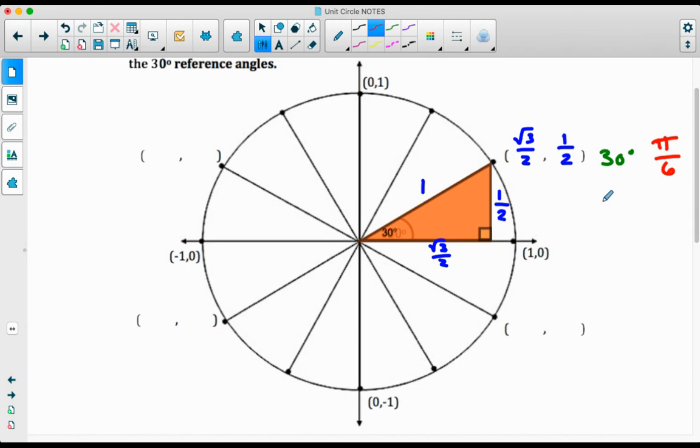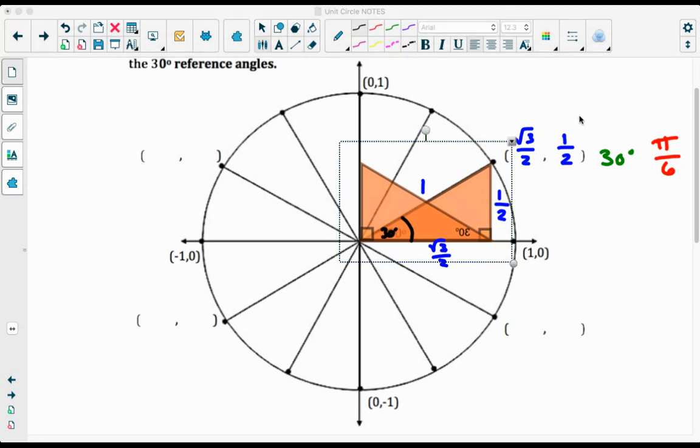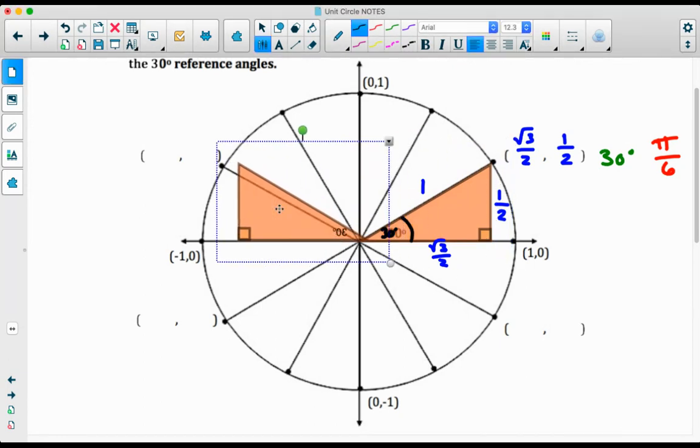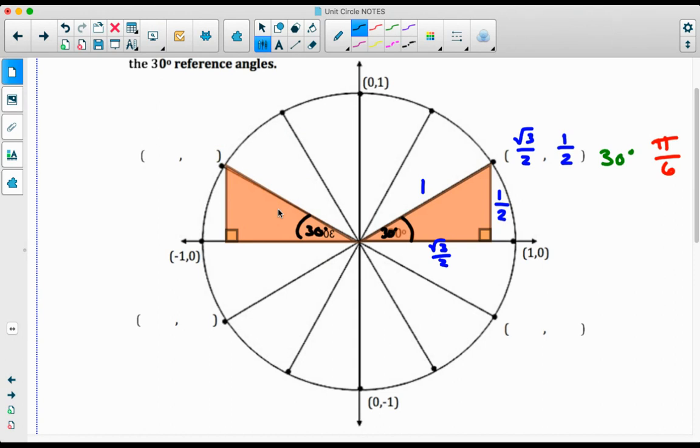Let's take this reference angle of 30 degrees and put it in our quadrant 2. We're going to flip it over, and let's look where this falls. This 30-degree angle is now in here, and our corresponding coordinate is up here. So the 1/2 vertical hasn't changed.